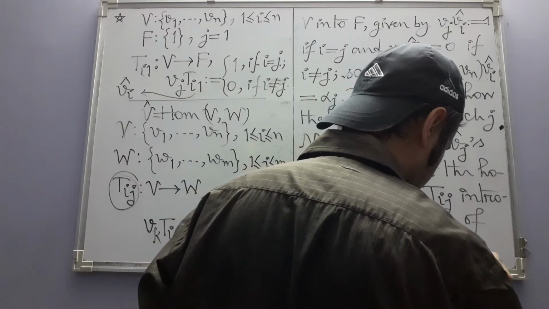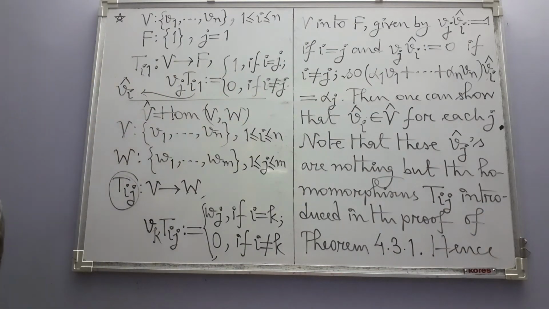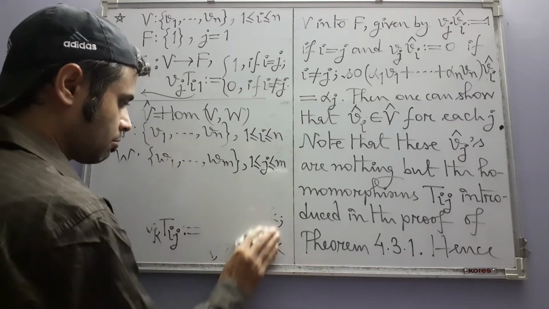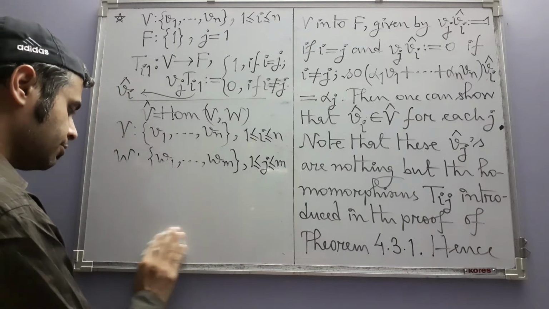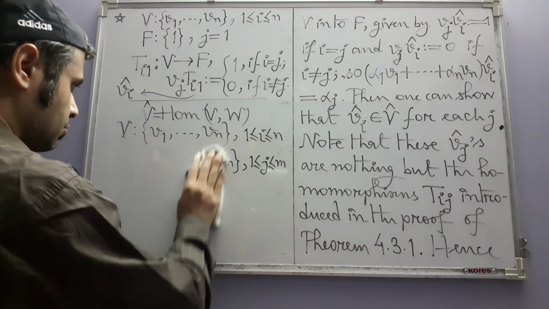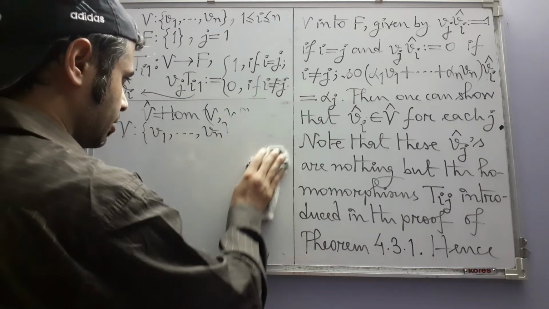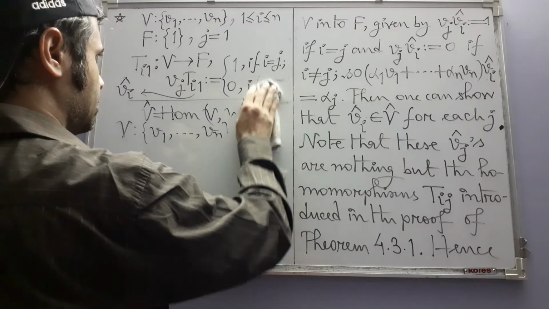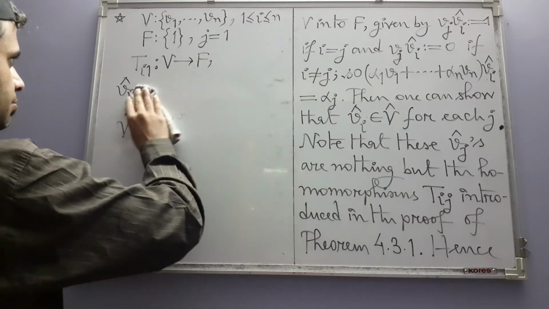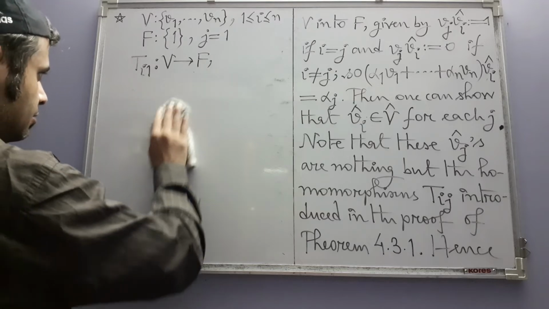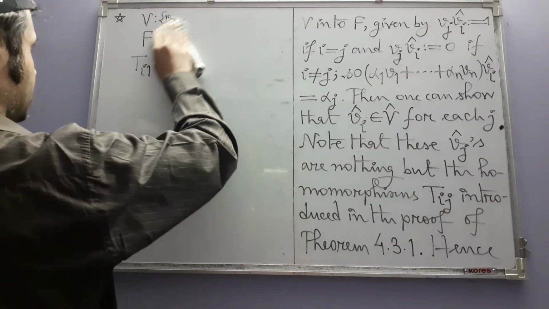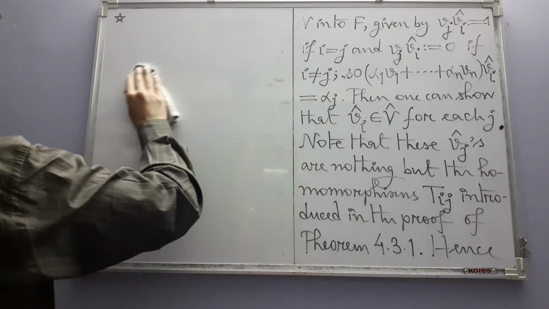Hence, you note one more thing, that there are only n of them. In the original theorem 431 their number is nm, but in this case m is equal to 1, so there are only n linear functionals which will form a basis for the dual space.